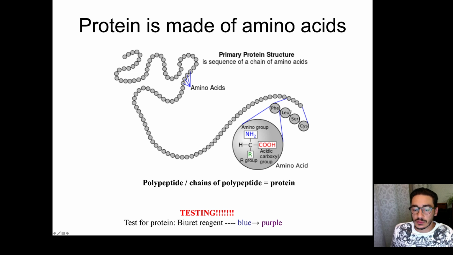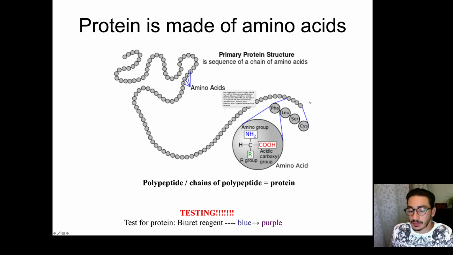So a protein is a sequence, a chain of amino acids, which has more than 50 amino acids, more than 50 building blocks. If your chain has more than 50 amino acids, it's called a protein. If you have less than 50, it's called a peptide, right?